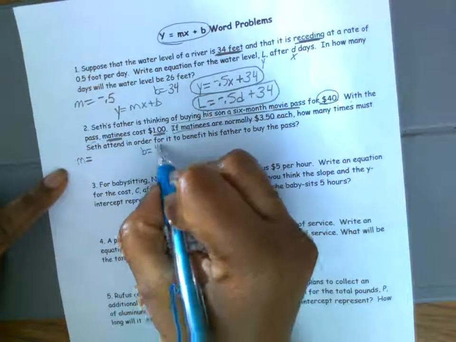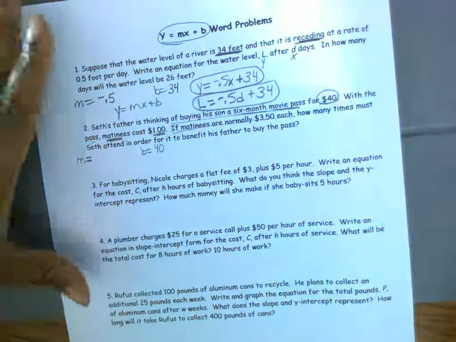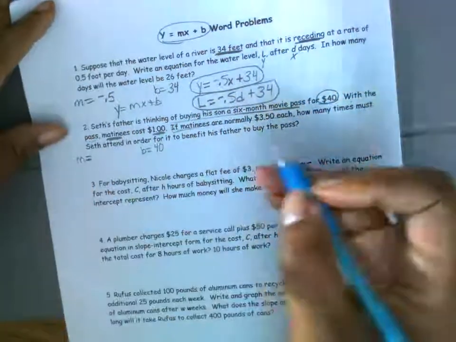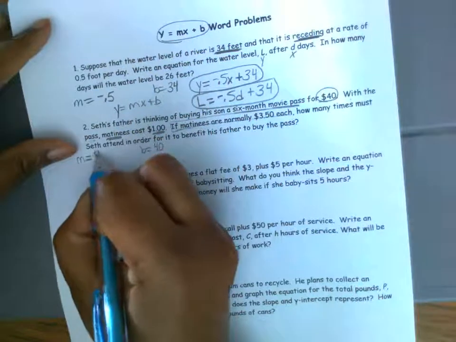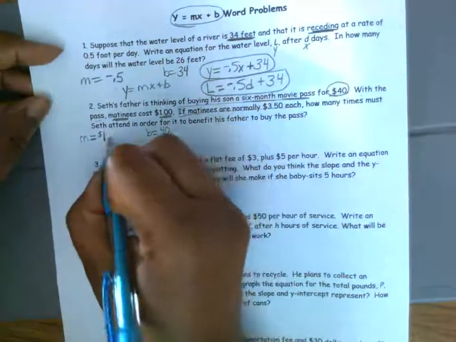You automatically have to pay that $40. So that $40 is going to be your starting amount. Okay? So what's going to be your rate? The $1 per matinee. Okay? So it's $1 per matinee. All right? Any questions about that?